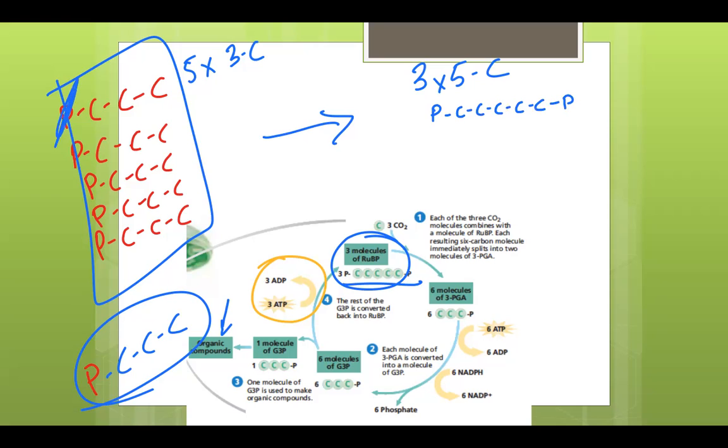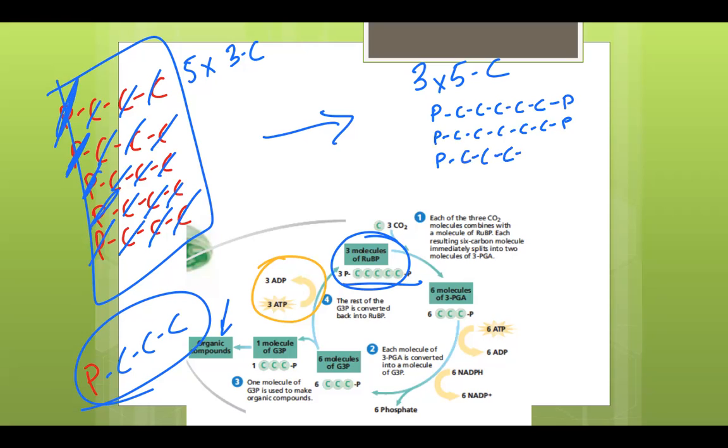So I've used 1 phosphate and then carbon, 1, 2, 3, 4, 5, and another phosphate. I'm going to make another one, 1, 2, 3, 4, 5, with a phosphate on each end. And then the last one, P, which is here, the last 5 carbons, 1, 2, 3, 4, 5.